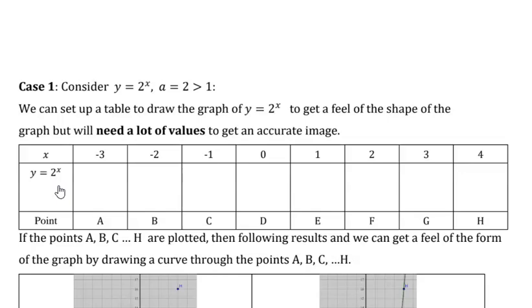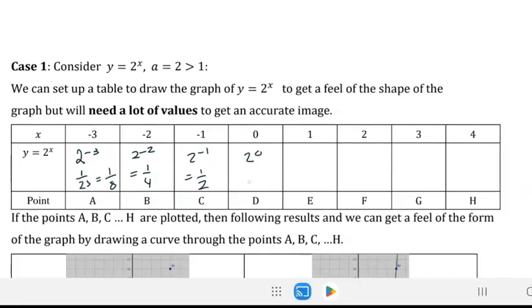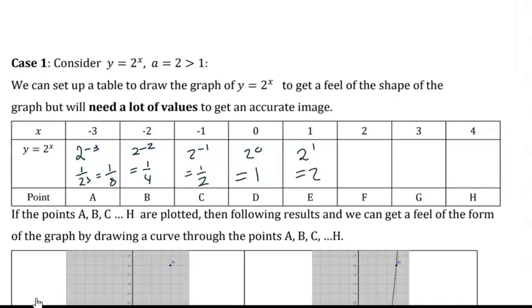If I work this out, I get 2 to the minus 3, that is equal to 1 over 2 to the 3, and that is 1 over 8. 2 to the minus 2 will be a quarter, and 2 to the minus 1 will be a half. 2 to the 0 is equal to 1, 2 to the 1 is equal to 2, 2 squared is equal to 4, 2 to the 3 is equal to 8, and 2 to the 4 is equal to 16.